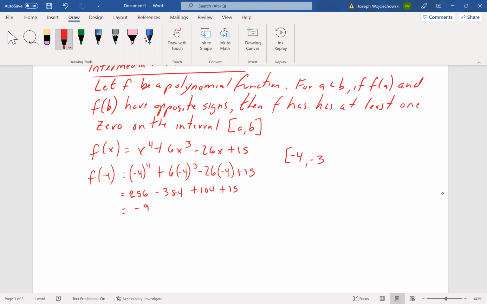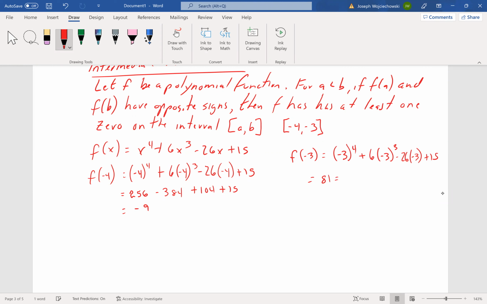Okay, let's move this up here. Okay, so now let's look at -3. f of -3 equals -3 to the fourth power plus 6 times -3 to the third power minus 26 times -3 plus 15. So -3 to the fourth is 81.